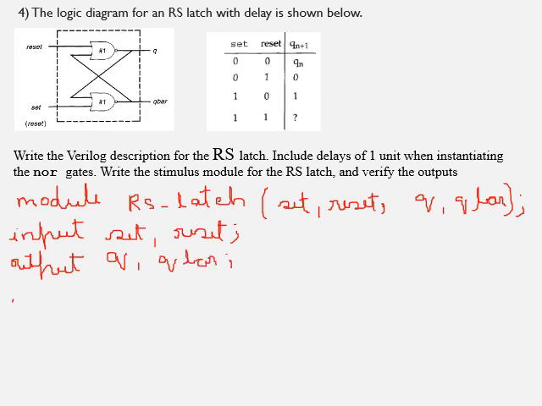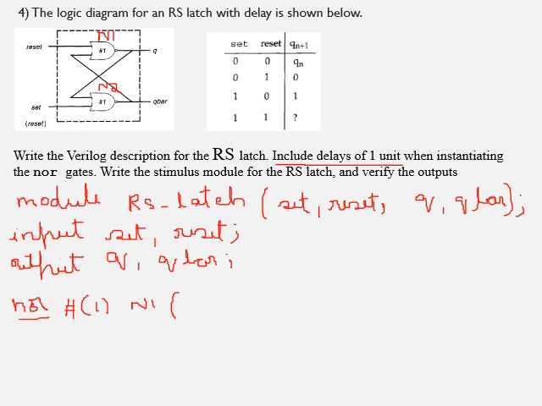Now we'll instantiate the NOR gate. It is asked to include a delay of 1 unit. Okay, so hash 1. I will take the instance label as N1 randomly. Say this is N1 and this as N2. This NOR is a primitive gate.